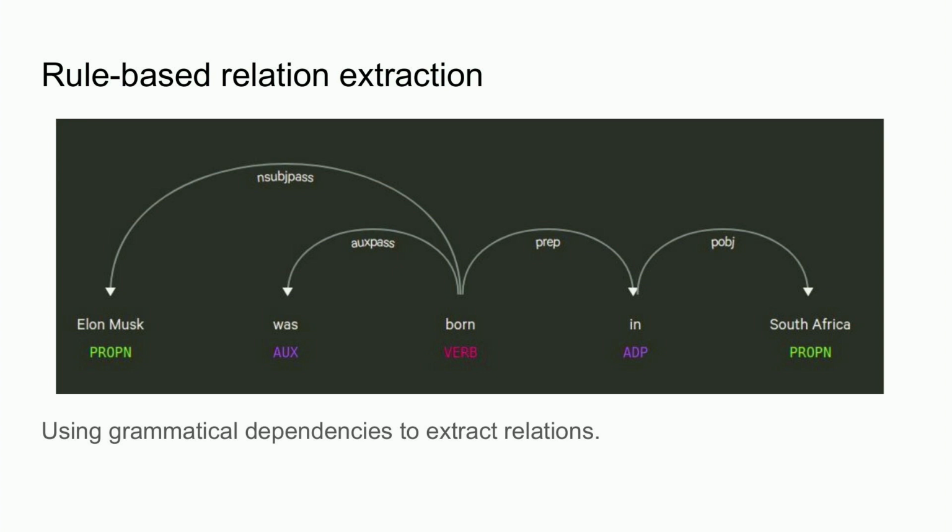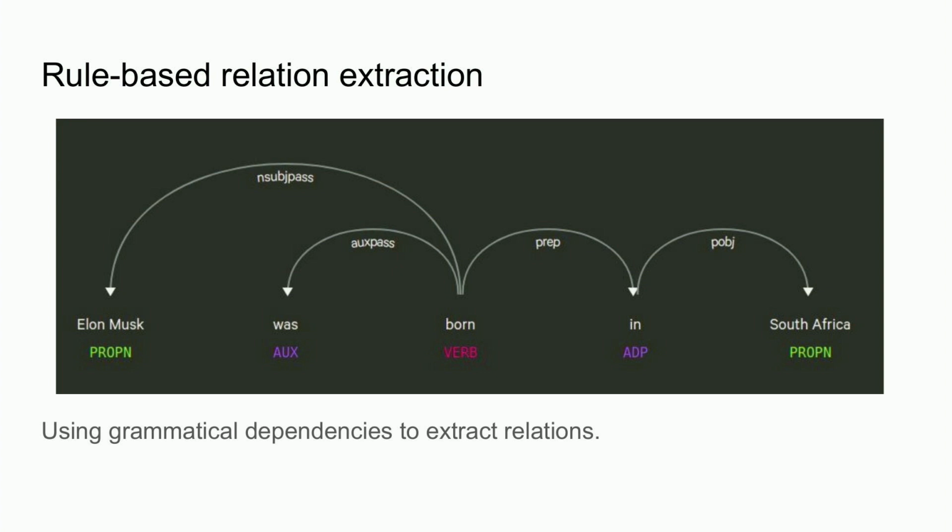So basically subject and object are two nodes, and then in the middle there's the verb or predicate, which is the relationship between those two entities.